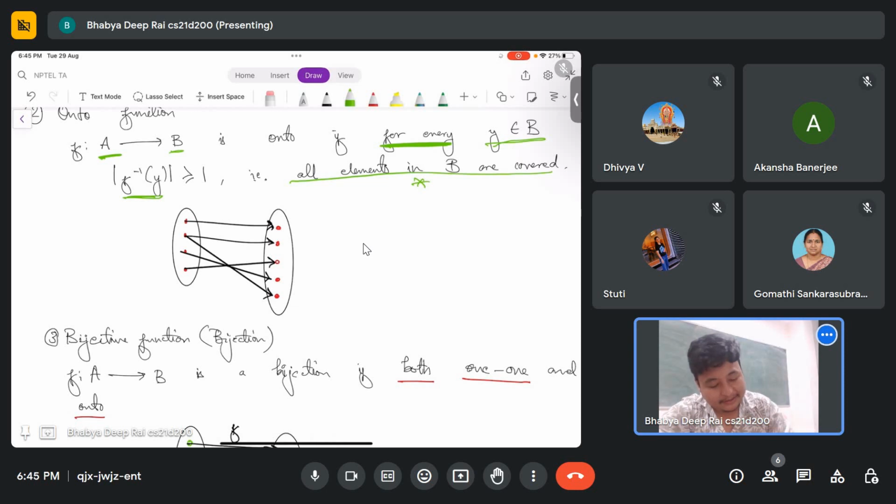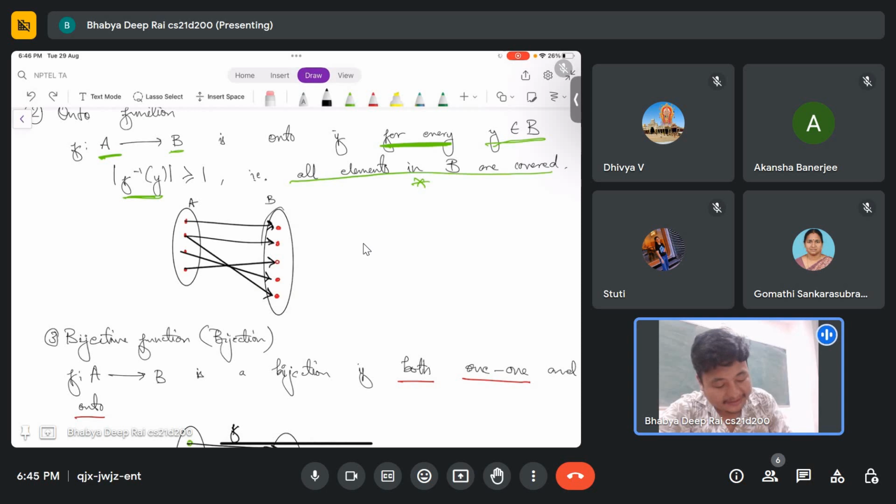Onto functions simply means that every element in B can be mapped to from some input in A, which simply means, whatever it gets mapped to is called the range, right?